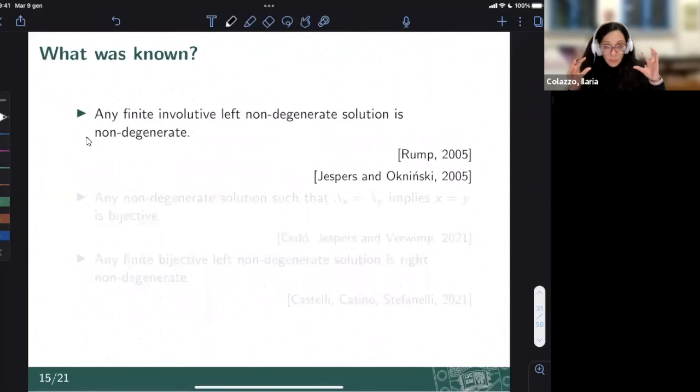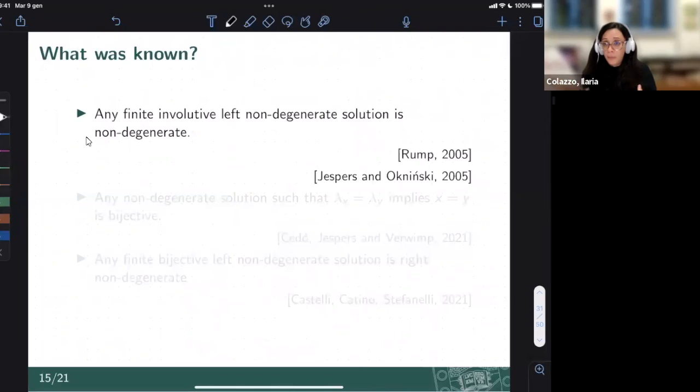So the things that we know about involutive solutions and the connection between being right non-degenerate and non-degenerate until now were that any finite involutive left non-degenerate solution is non-degenerate.